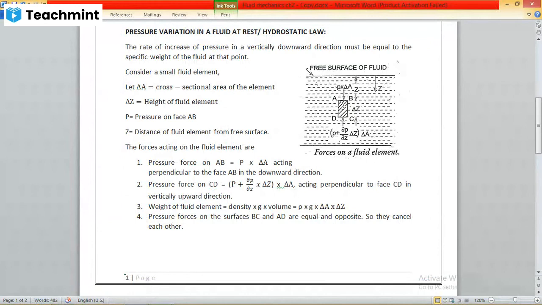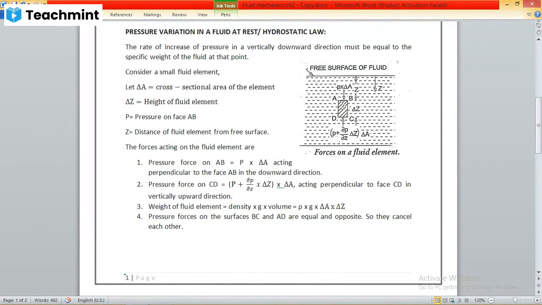Today we will discuss the pressure variation in a fluid at rest, or we can simply say it as hydrostatic law. After knowing the intensity of pressure and Pascal's law, now it is time to calculate the pressure of an element inside a fluid.